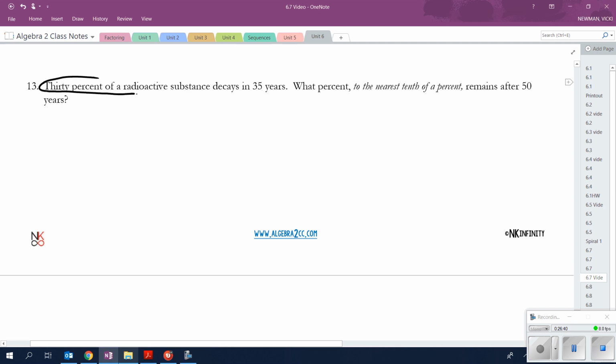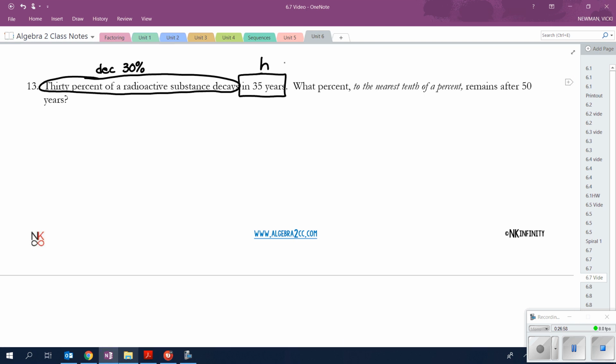That's a decrease of 30%, right? Decrease 30% in 35 years. That's our H. What percent to the nearest tenth of a percent remains after 50 years? What's 50?